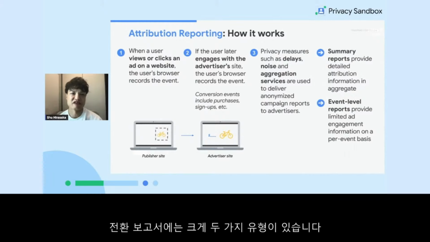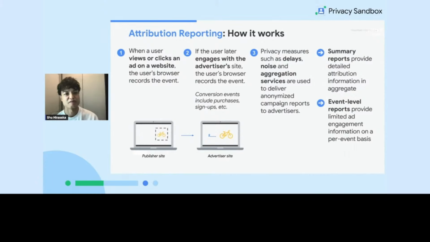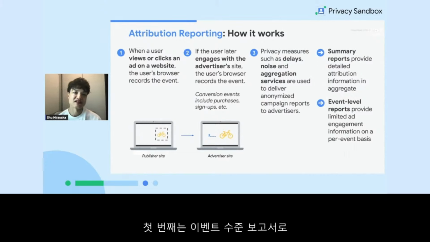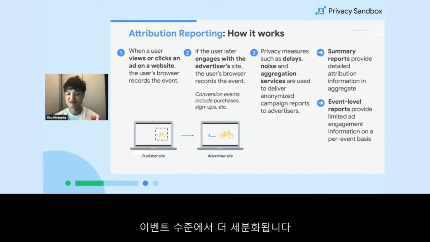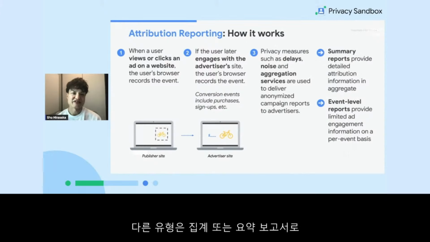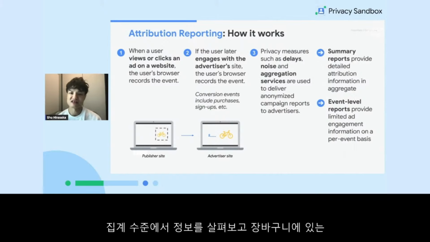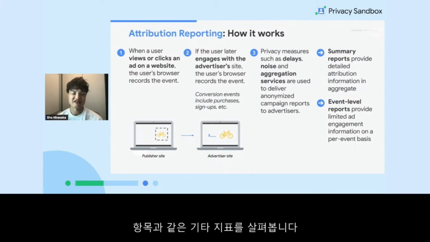There are two main types of conversion reports. The first one is event-level reports, which are more granular at the event level. The other type is aggregated or summary reports that look at information at an aggregated level, plus other indicators like what may be in the shopping cart.